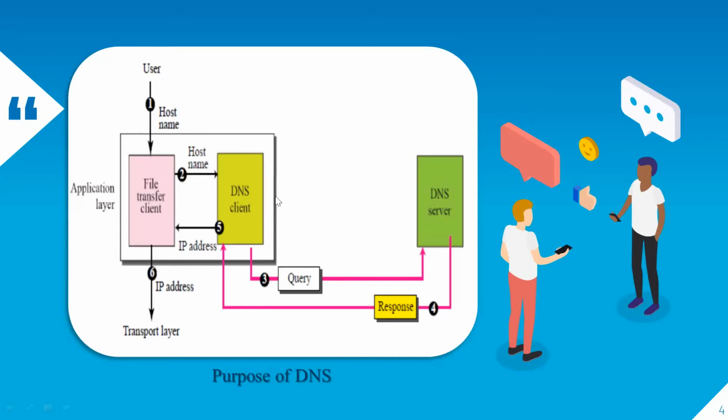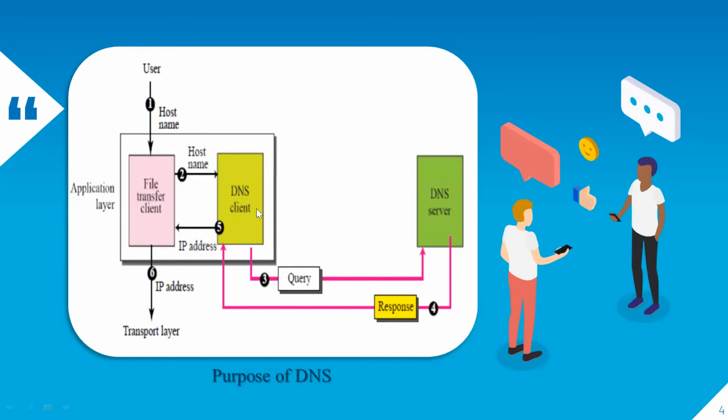Whenever a system is booted, the IP address of the DNS server is stored in the system. With the known IP address of the DNS server, the DNS client passes the query requesting the IP address of the file transfer server. When the query is received by the DNS server, it gets the address of the file transfer server and sends the response back to the DNS client.